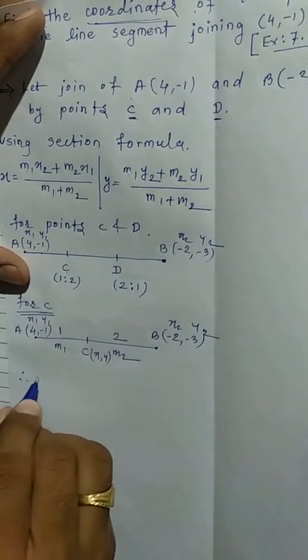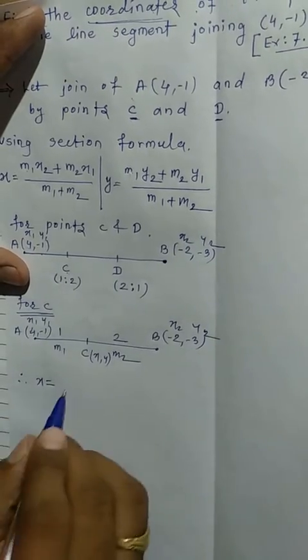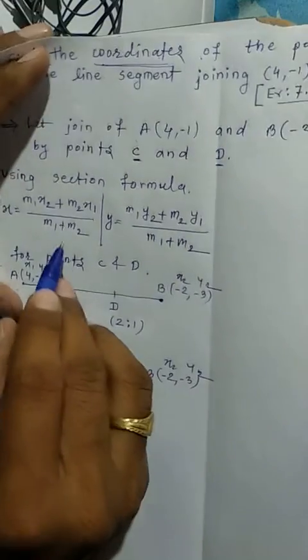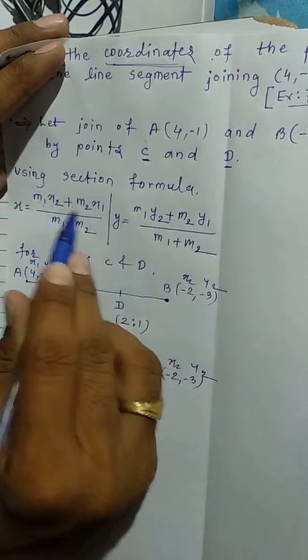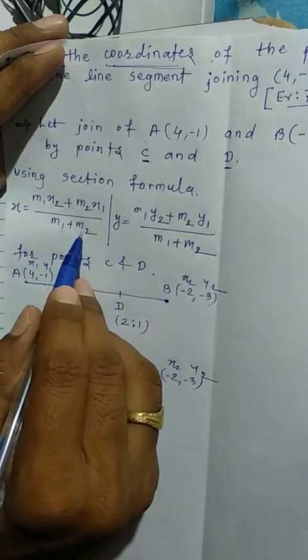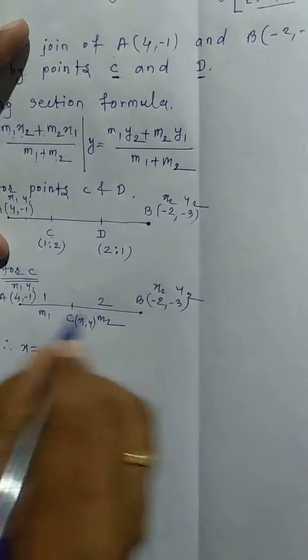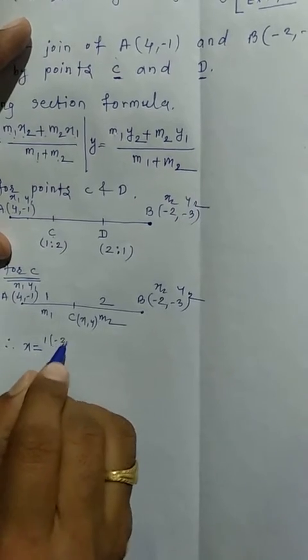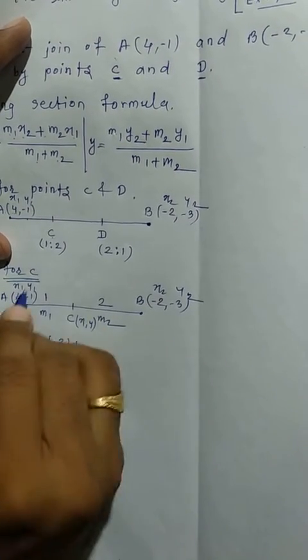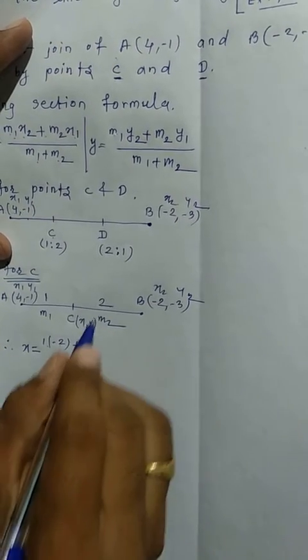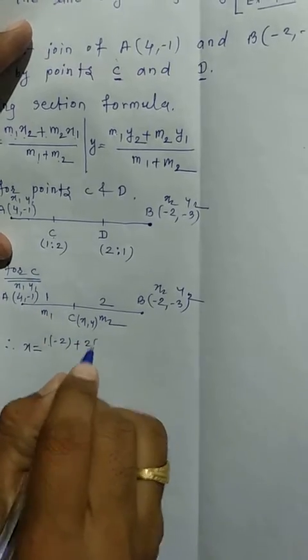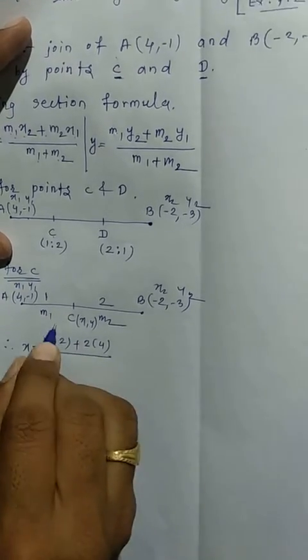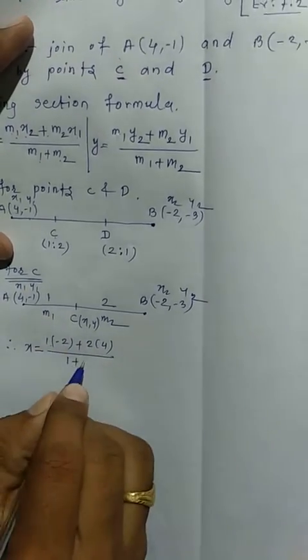Therefore I will write x equal to, what is the formula? See the formula, m1 x2 plus m2 x1 upon m1 plus m2. What is m1 here? m1 is 1. So 1 into -2 plus 2 into 4, upon what is m1 plus m2? 1 plus 2.